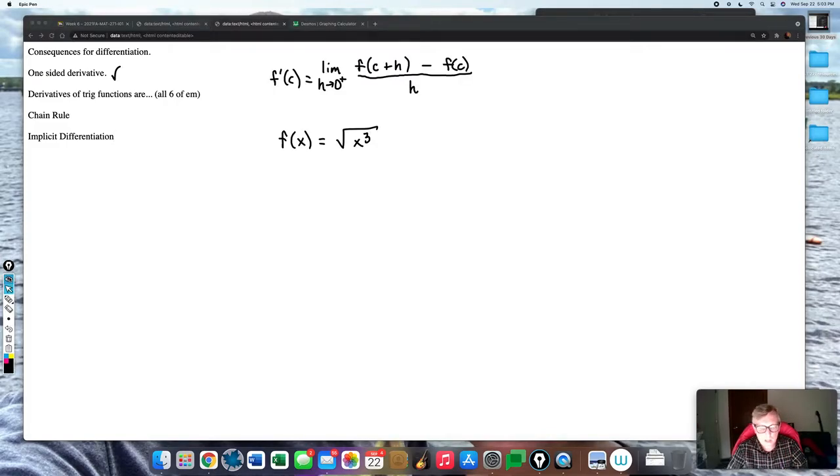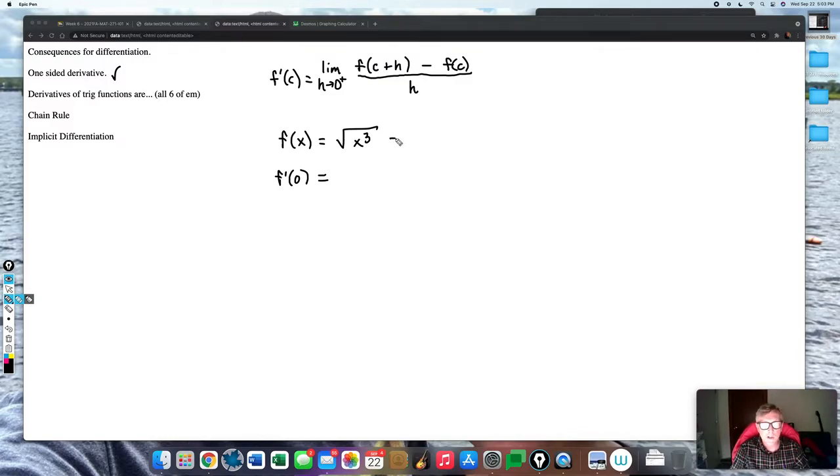Okay, so in this case, let me put that back again. If you were asked to find f prime of 0, then you're really doing the one-sided derivative, because you're only taking the limit from values that are greater than 0 and not less than 0. All right, so you could do this, and this derivative actually exists as x approaches 0 from the right.